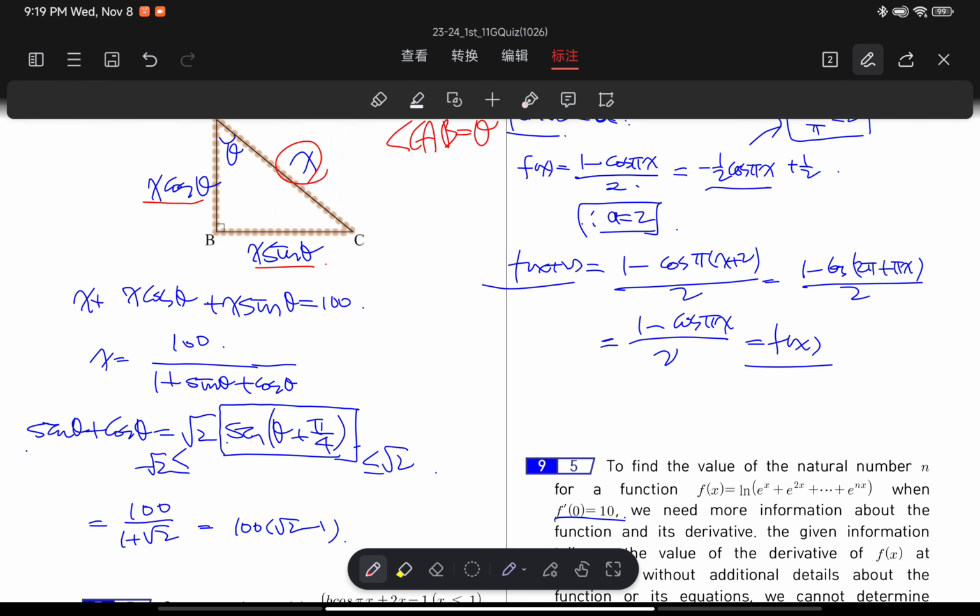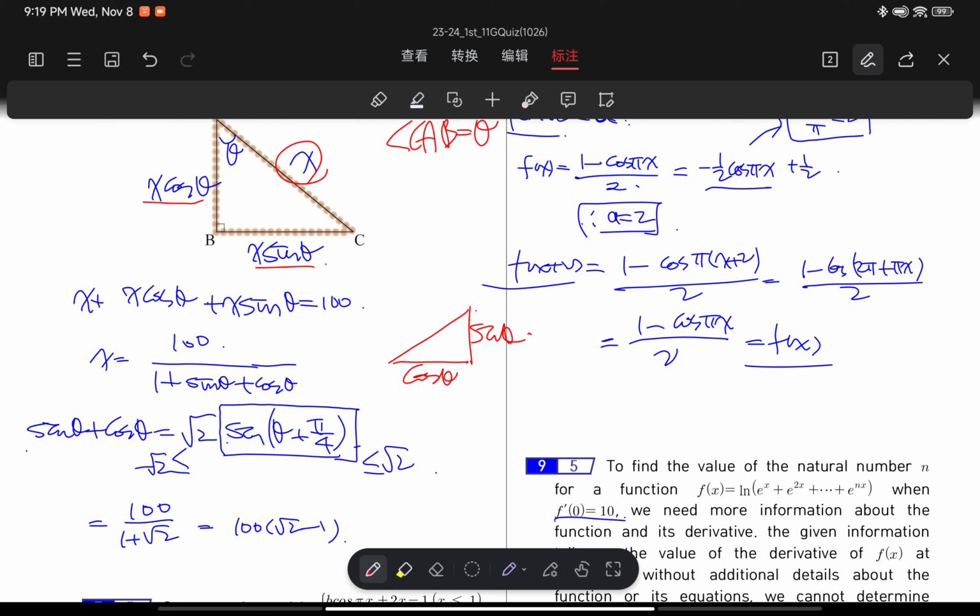So sine theta plus cosine theta means always there's an x value. Here is the cosine theta, here is sine theta, right? So for sine theta plus cosine theta, cosine theta equal to 1 is 1 cosine theta, and sine theta equal to 1.